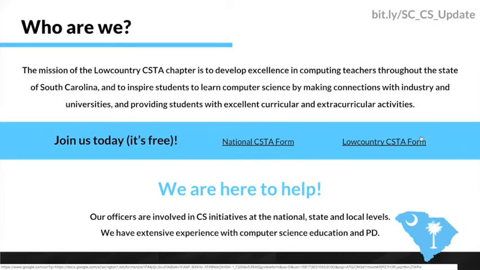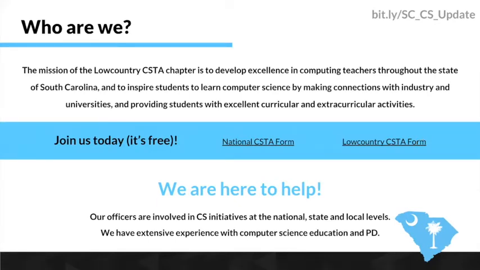To get us started, I want to give a quick overview of who we are, Lowcountry CSTA, also known as CSTA South Carolina. We are in the process of rebranding to match the national CSTA logo and branding. Our mission is to develop excellence in computing teachers throughout the state and to inspire students to learn computer science by making connections with industry and universities, and also to provide excellent curricular and extracurricular activities.